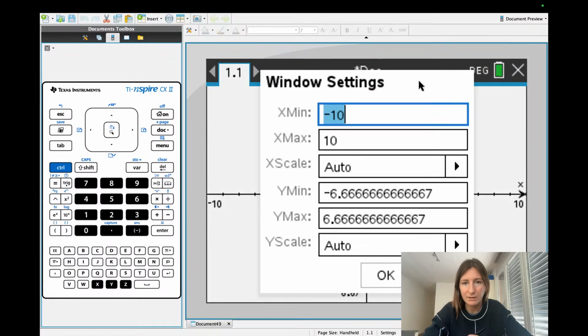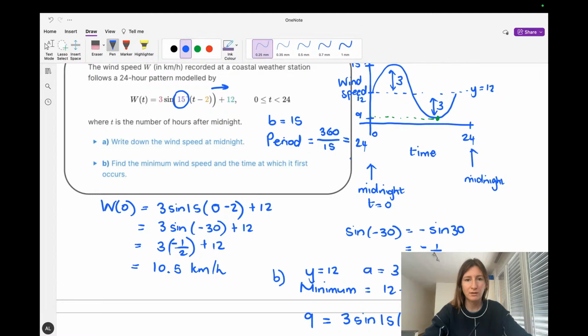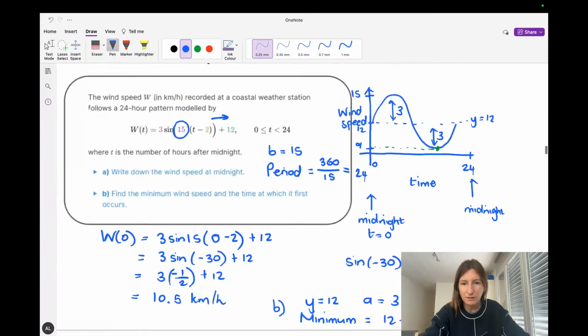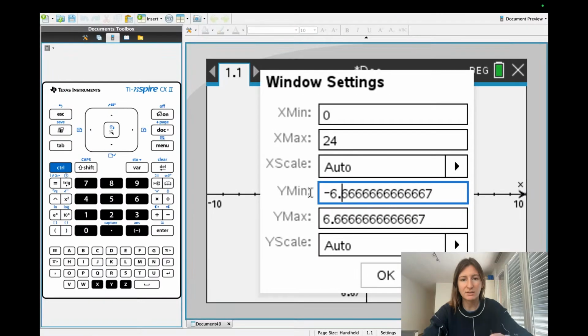window to match. Okay, so we were between 0 and 24. That was our x, what we wanted to see of the x-axis, 0 and 24. And according to our little diagram, our graph is going from 9 until 15. So let's go from 8 until 16, just so we can see the tops of it.